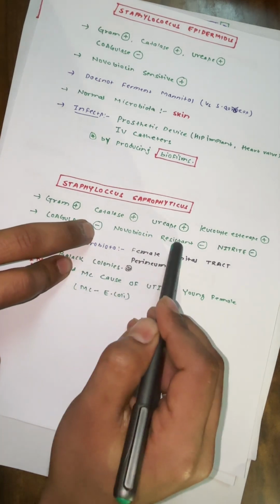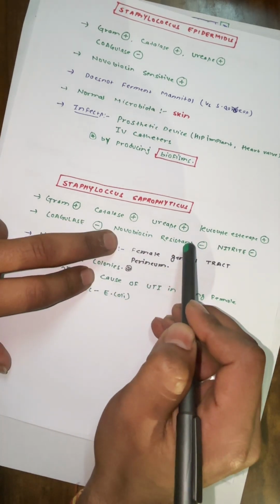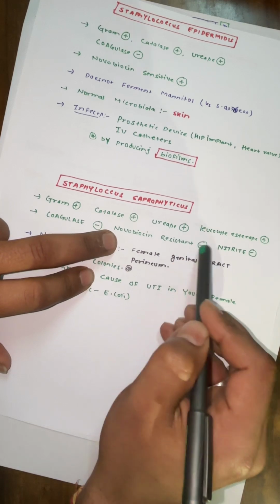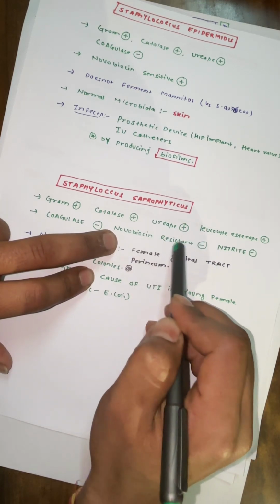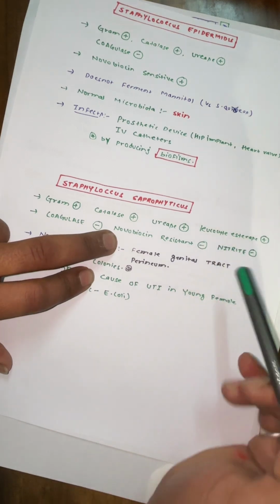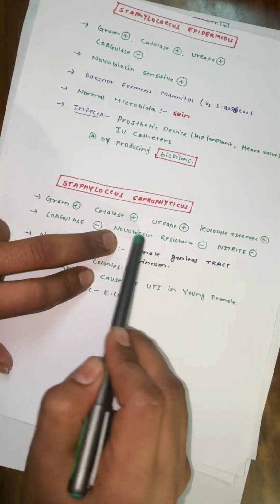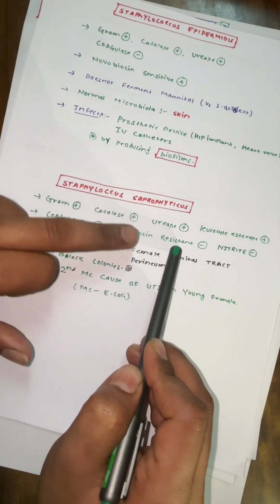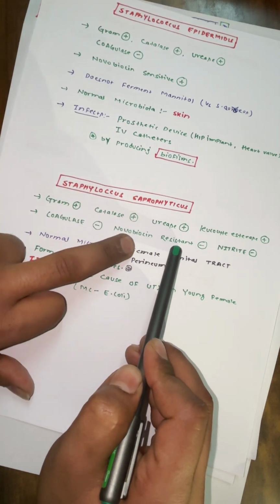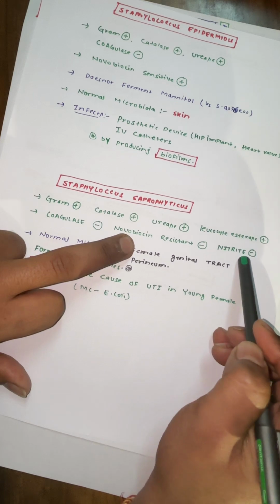Now we do the novobiocin antibiotic test. This one is novobiocin resistant, which is the key point to differentiate epidermidis from saprophyticus. Epidermidis is sensitive, but this one is resistant. It is also nitrite negative.